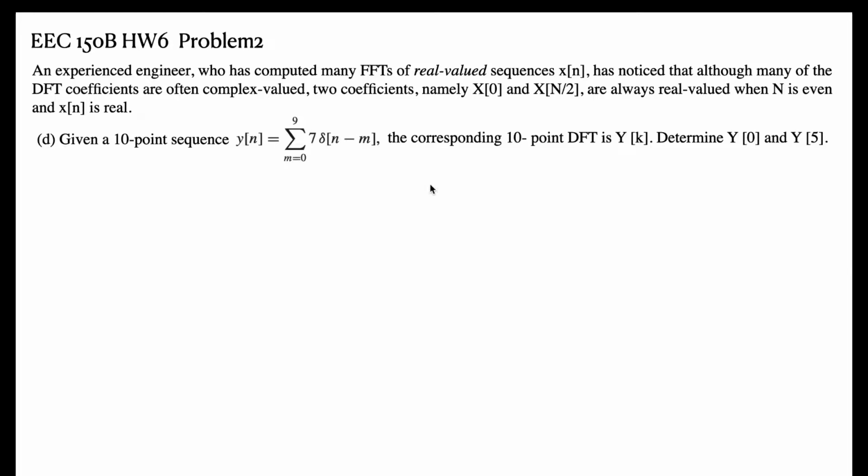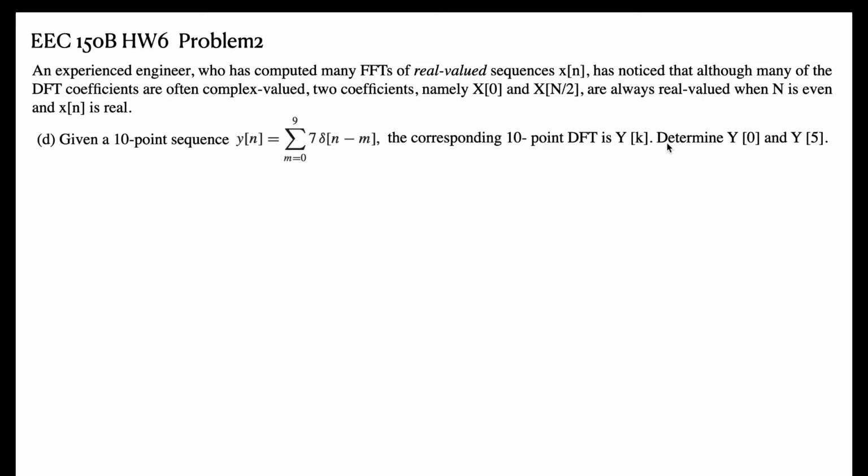So now, finally, we can move forward to the last part in this problem. In part D, you are given a 10-point sequence y[n], and the corresponding 10-point DFT is Y[k]. Now, you are asked to determine Y[0] and Y[5].